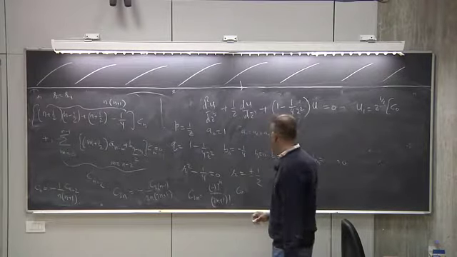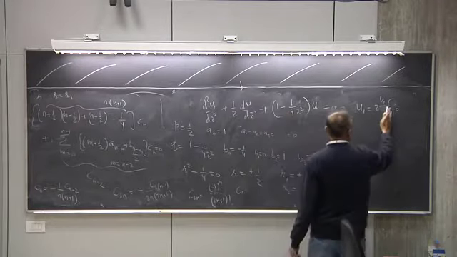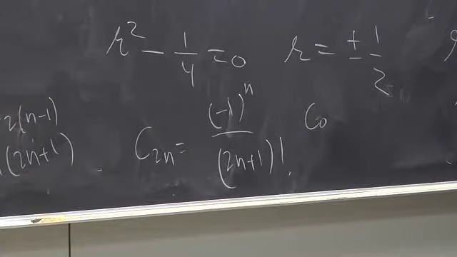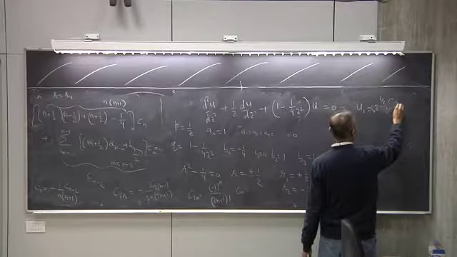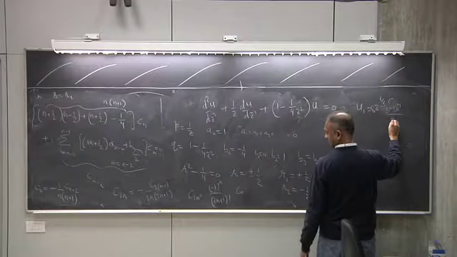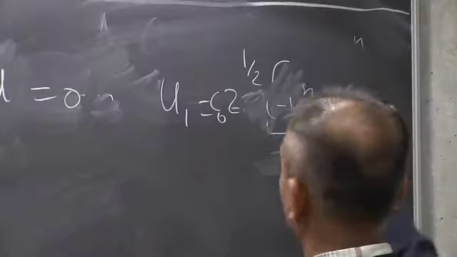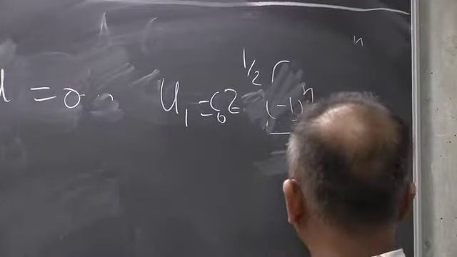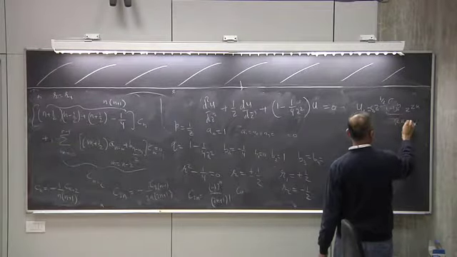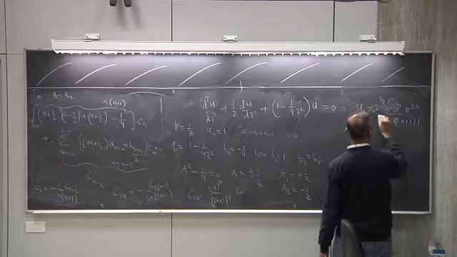So this expression, up to some constant C0, is simply the sum of minus 1 to the n over factorial (2n plus 1) times z to the power of 2n.